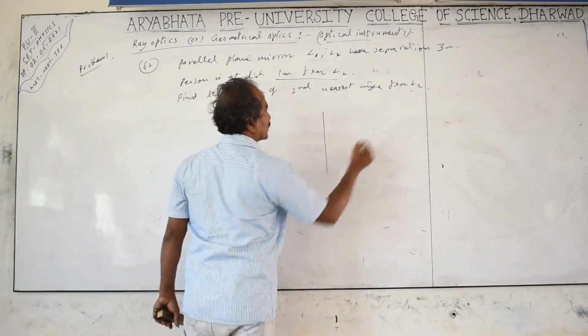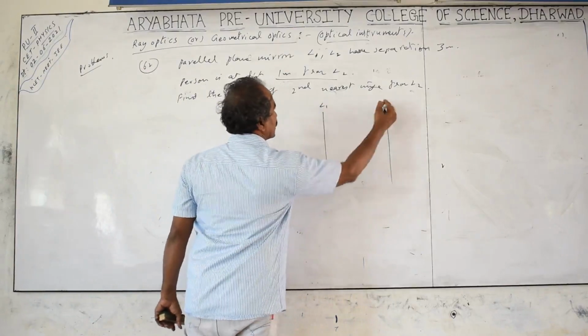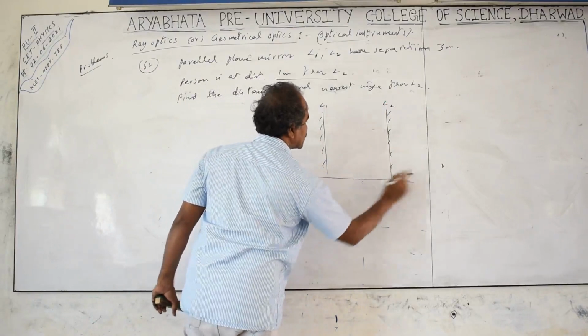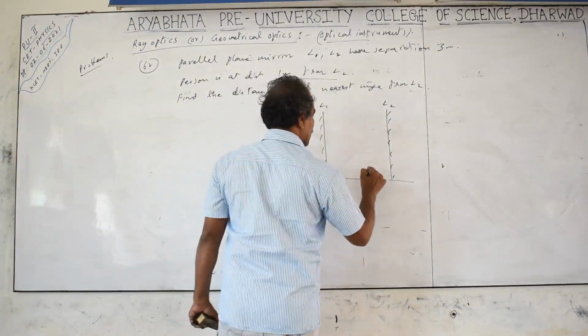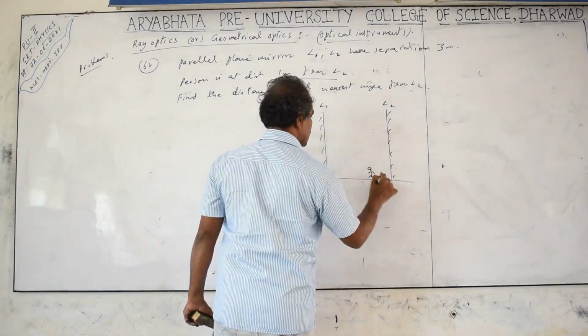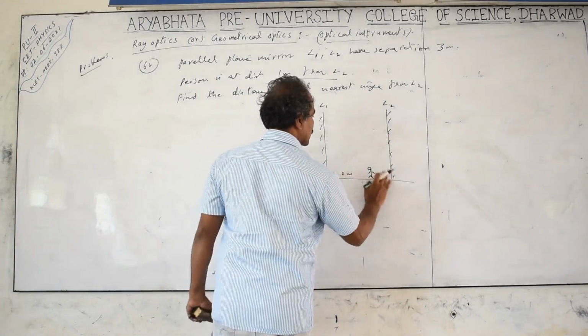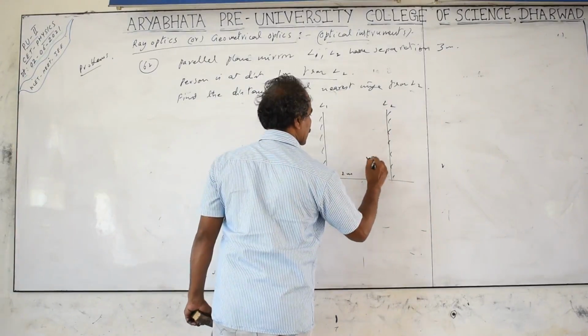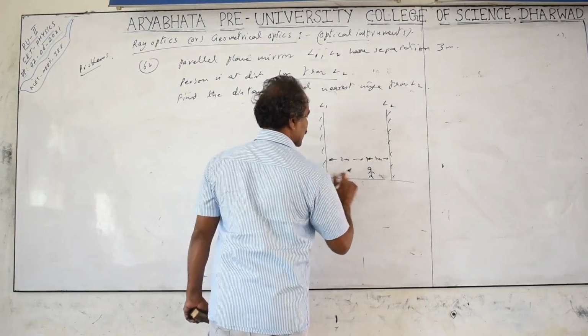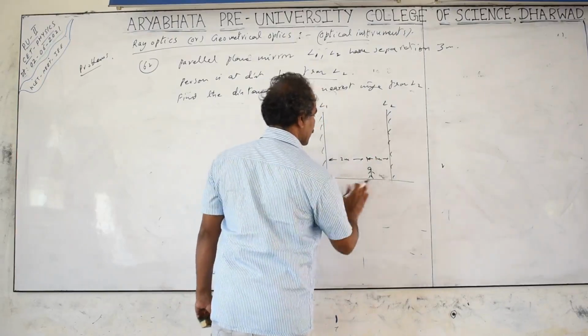Two plane mirrors are given for you, L1 and L2. For a plane mirror, object distance equals image distance. The person is standing here at a distance of 1 meter, and this distance is 2 meters, total 3 meters.